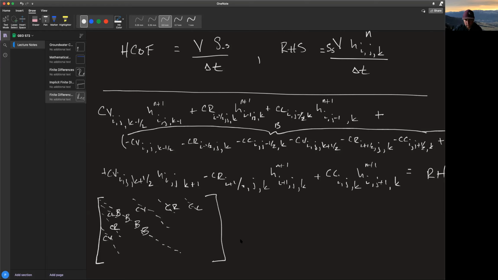All right. They are being multiplied first by this h n plus 1 vector. And so our first one would be here that we're looking at.